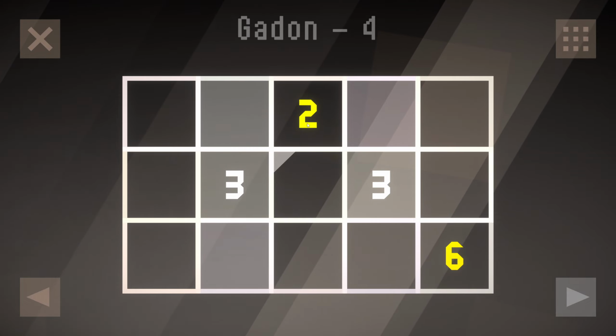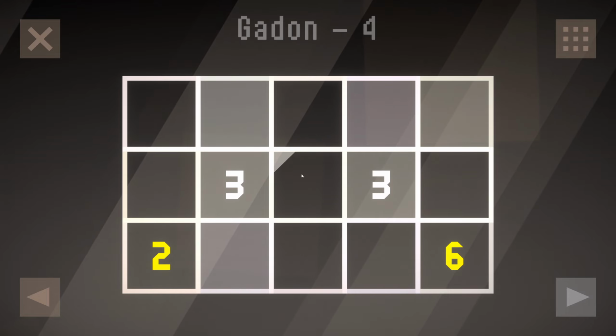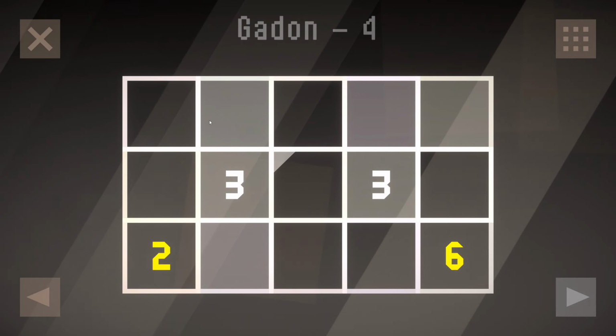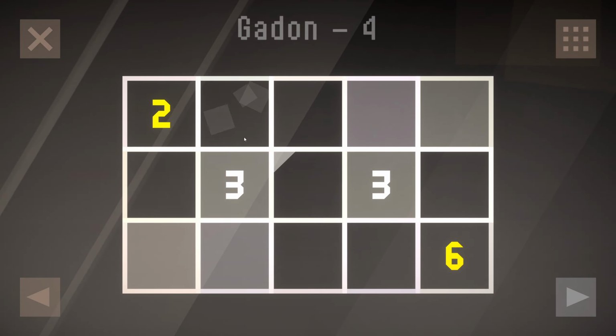If I do this, that's 3, that's 6, this is 3, but I can't carve out 2 from what's left.